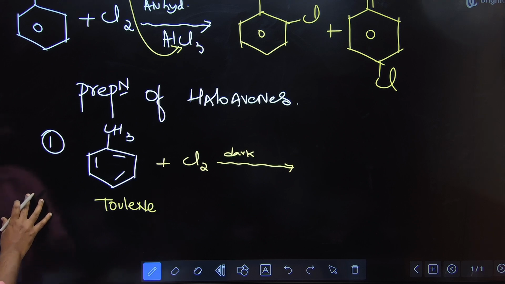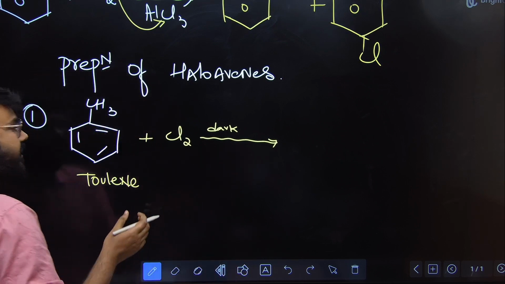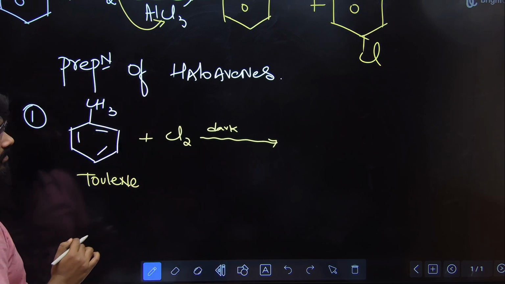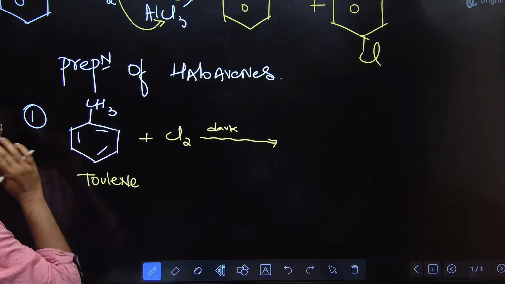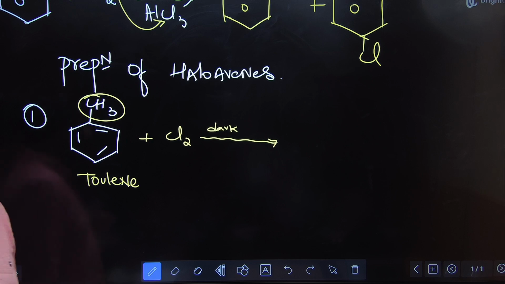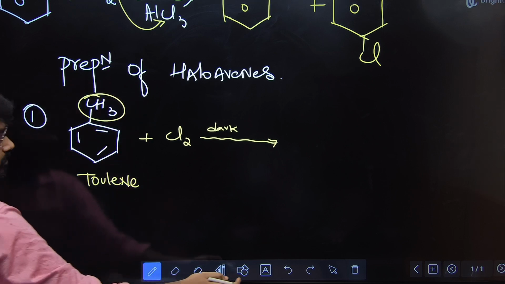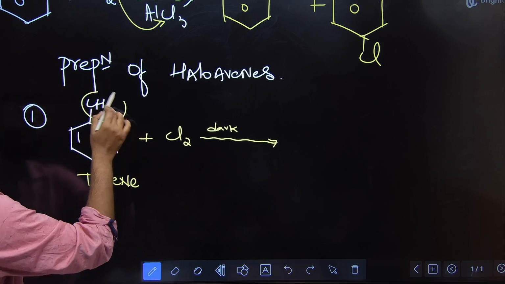After you carry out this reaction, understand one important thing: this toluene has a CH3 group as a side chain. Who is the side chain here? CH3. Remember, CH3 groups are electron donating groups.